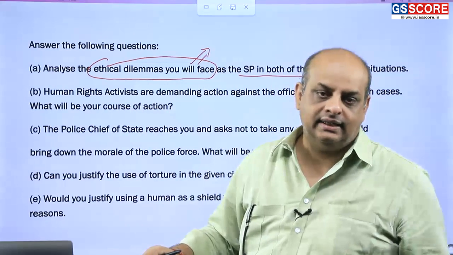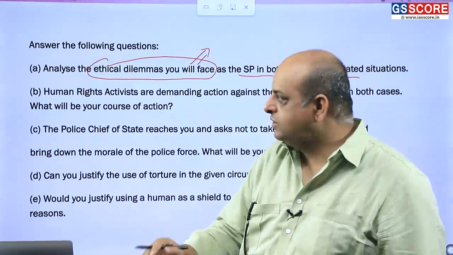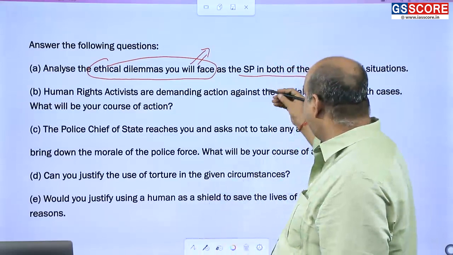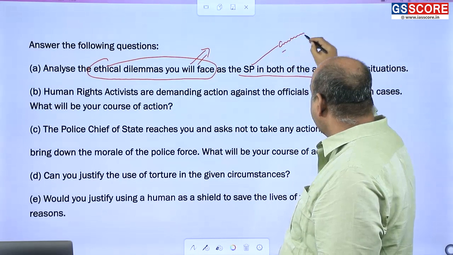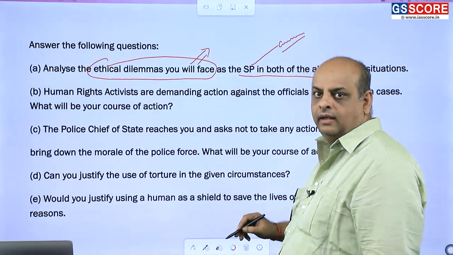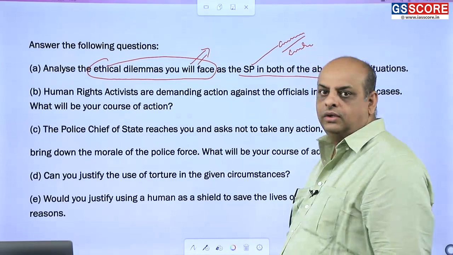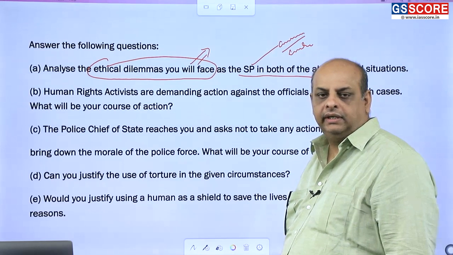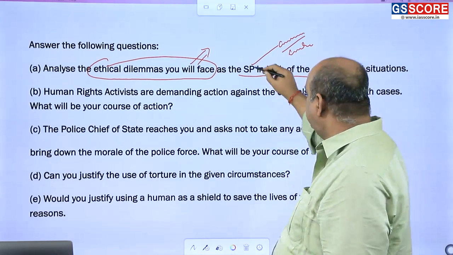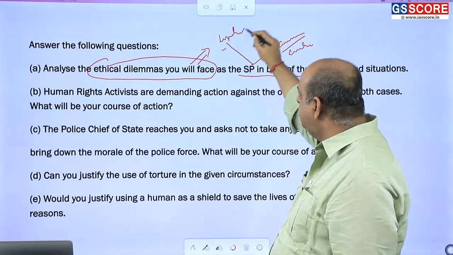But on the other side, you will find that if something is illegal, it's illegal. So as the SP, your conscience and also as a team leader, you know that the intent was not to cause damage to any individual, but at the same time you also know that whatever has been done has some legal implications.